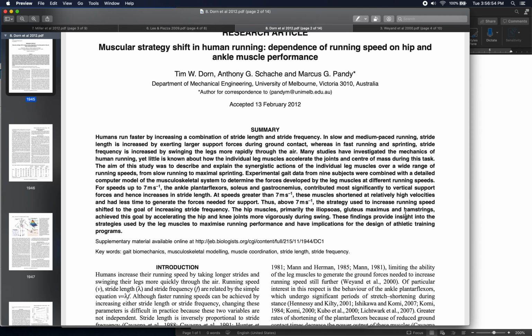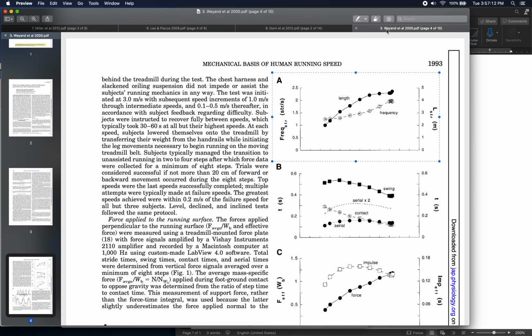In terms of a practical message for training and for limits to maximum speed, we could use this to possibly identify what somebody is limited by in terms of not being able to increase their speed any further, if we want to increase our maximum sprinting speed. For example, if you see somebody who is unable to increase their stride frequency beyond the stride frequency they get to when they top out their stride length, right?